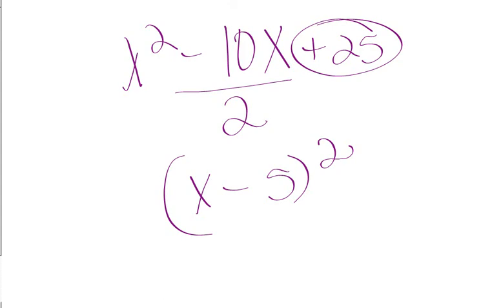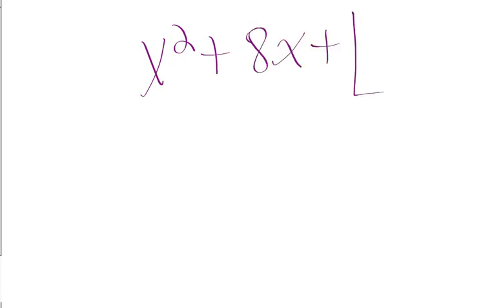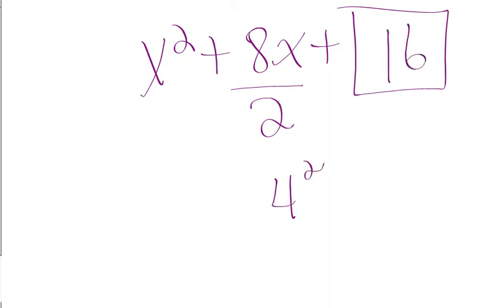All right? So the first problem in your problem set like this, we've got x squared plus 8x plus, and there's a box there. So again, divide this middle term by 2 and square it. So 8 divided by 2 is 4, and 4 squared is 16.